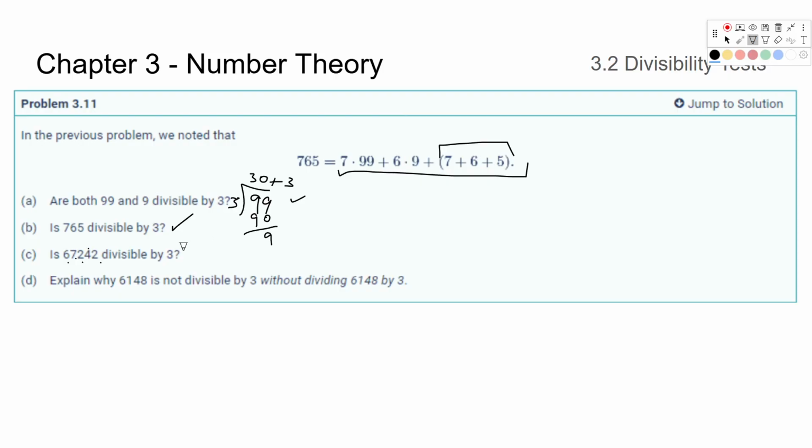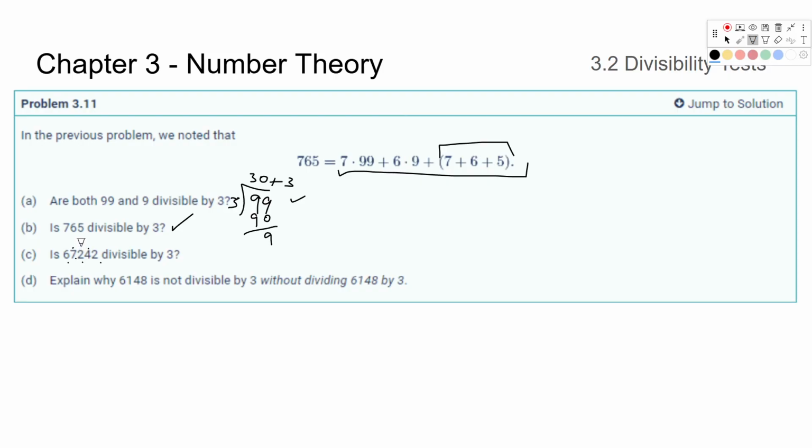Now, is that enough to say that it's divisible by 3 just by adding up the digits? What would happen if we were to split this up? So this would be 60,000, so it would be 6 times 10,000, which we can break up into 9999 plus 1. 7 would be 7 times 1,000, which we could break up into 999 plus 1.